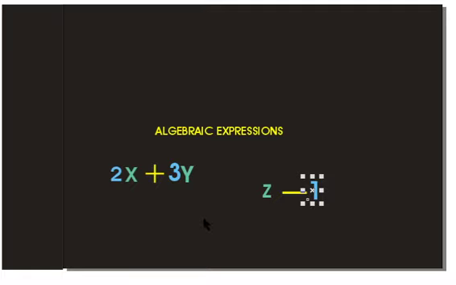When it comes to algebraic expressions, we have what we call terms. Terms are parts of the algebraic expression. For example, 2x itself is called a term.